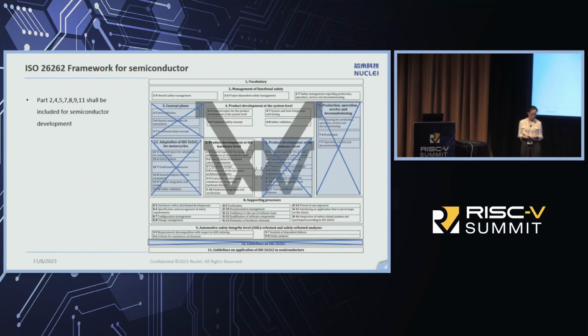Parts 2, 4, 5, 7, 8, 9, 11 are the majority parts related to SoC design and IP design. A little bit of Part 6 is related to us because the STL, the software test library, is required for the ASIL-B solution, so it's related to the software level.